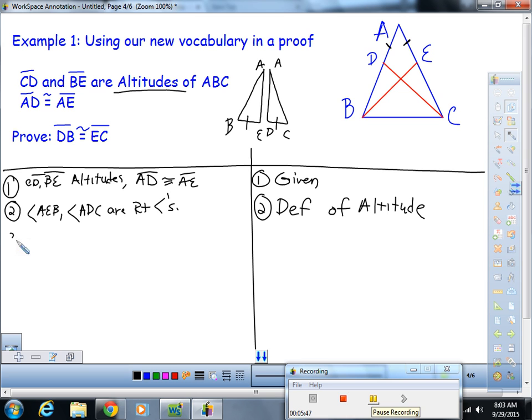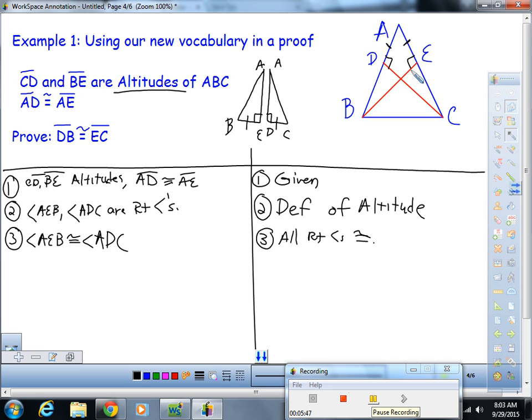So now we can say that angle AEB is congruent to angle ADC. And that's because all right angles are congruent to each other. So let's label that. We got this, and we got this. We got this, and we got this.